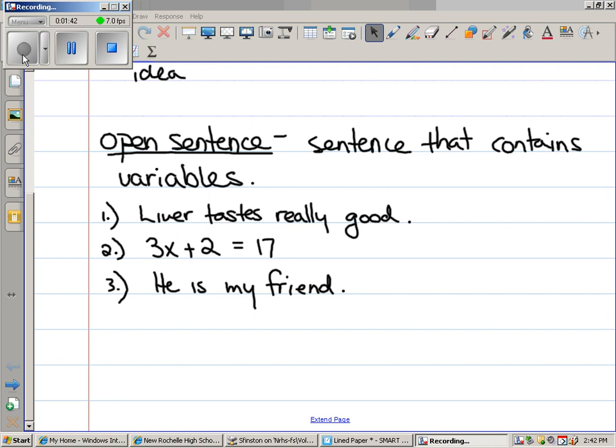So here's some examples of some sentences. What about this first one? This one right here is a sentence. Do you know the truth value? What would you say about it?